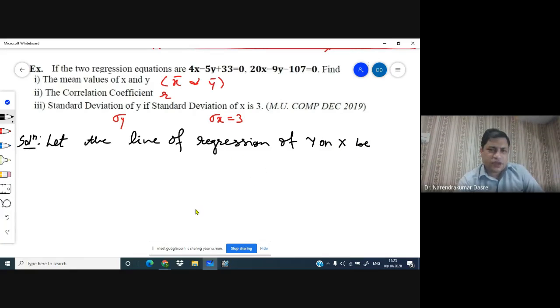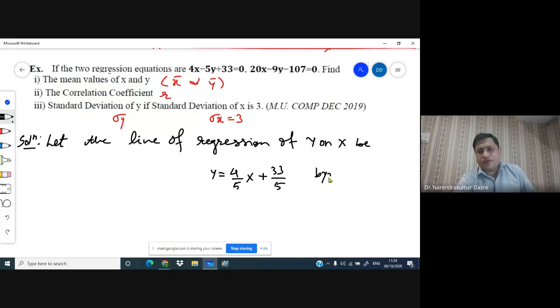Okay, so as I have given you the idea how to get it, let us consider this. Okay, so I am able to write this in terms of y. So y is equal to 4 by 5 times x plus 33 by 5.